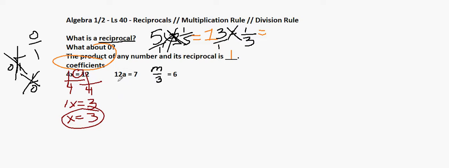Division is the same as multiplication by a reciprocal, really. 12a equals 7. If we want to get a by itself, we could divide by 12, certainly. Some people like to move horizontally, though, and think of this instead as multiply by the reciprocal 1 over 12. See what happens then?